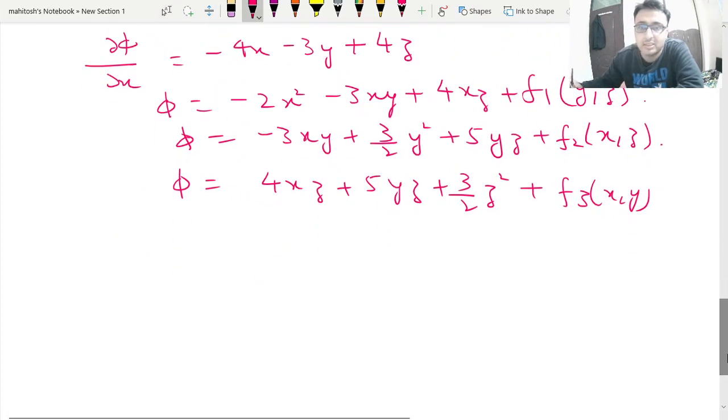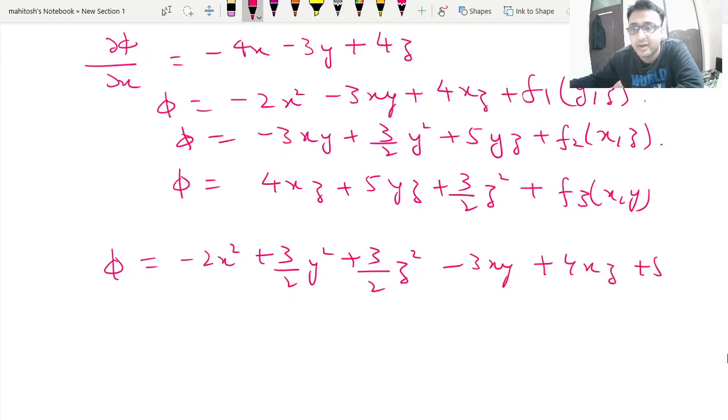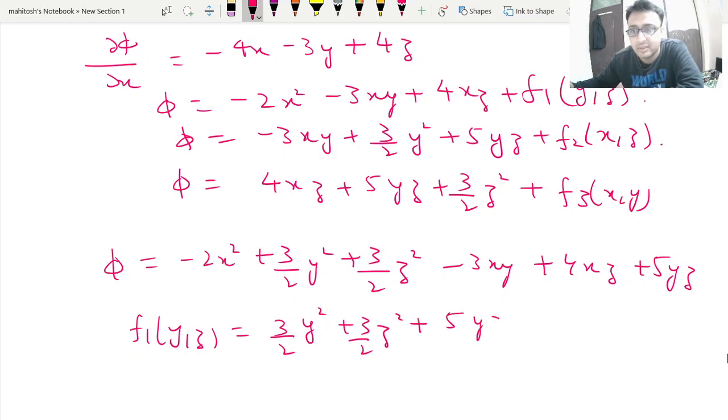Now you can write this as phi is equal to minus 2x square plus 3 by 2 y square plus 3 by 2 z square minus 3xy plus 4xz plus 5yz. And you can choose your f1 of yz as how much? 3 by 2 y square plus 3 by 2 z square plus 5yz.